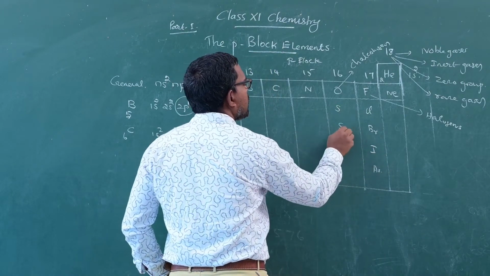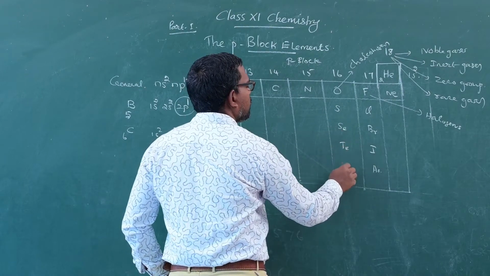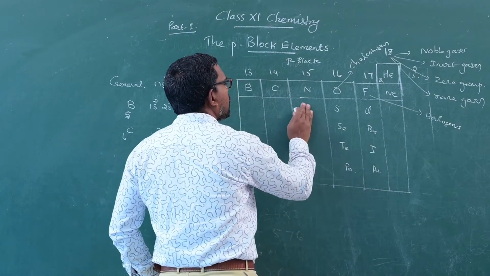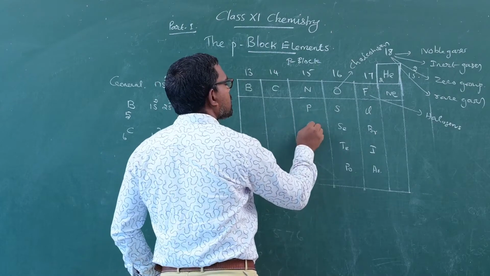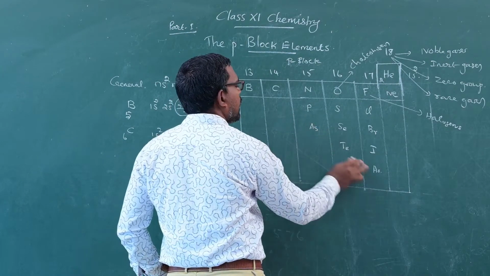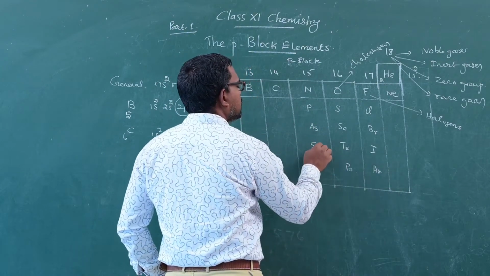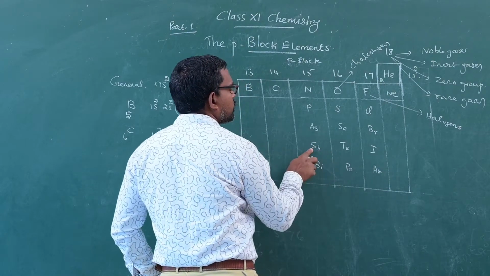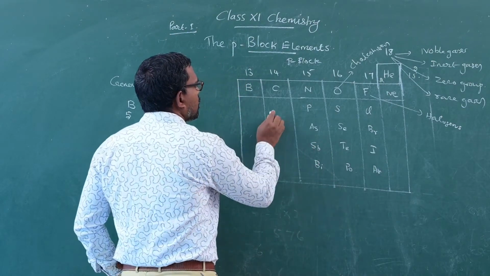The halogen family consists of fluorine, chlorine, bromine, iodine and astatine. Oxygen, sulfur, selenium, tellurium and polonium. Nitrogen, phosphorus, arsenic, antimony and bismuth.